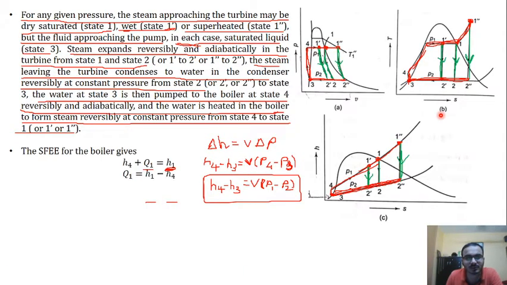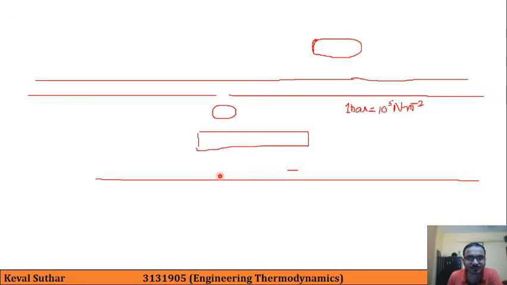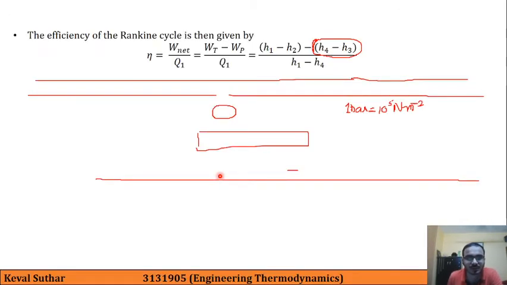Then we studied the PV, TS and HS diagrams in detail for the Rankine cycle, and we applied the steady flow energy equation for four components. The efficiency is given by W net upon Q1.